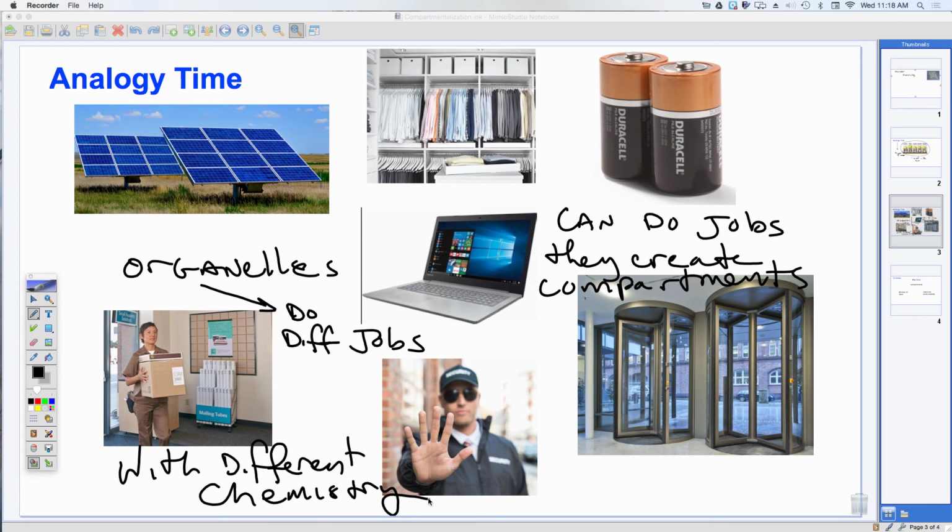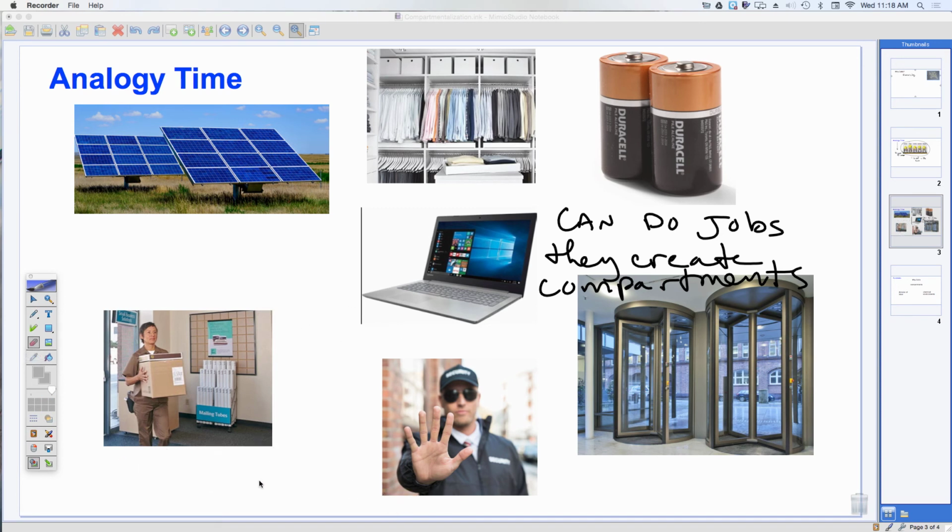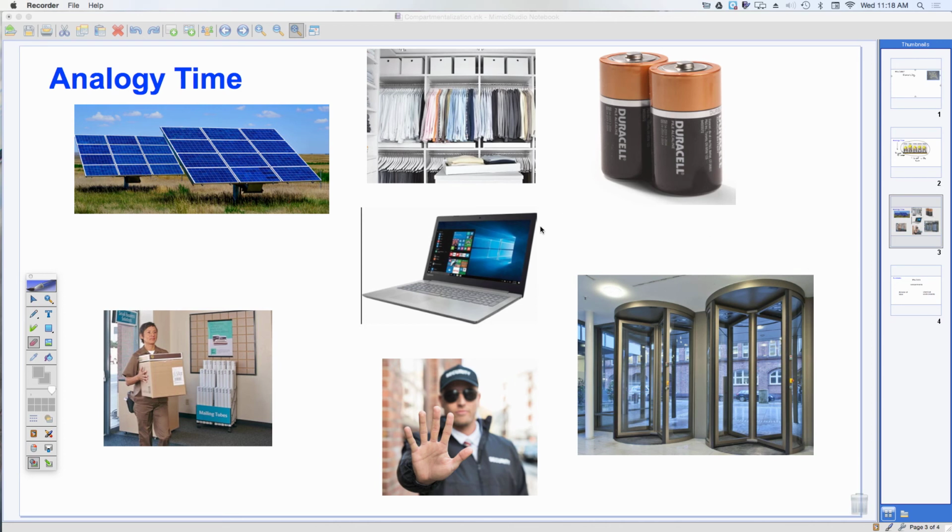So what I'd like you to do is take a moment and look at each of these pictures and ask yourself, what are the different jobs that each of these things do, and what are the things that cells do that might do each of these jobs? So say it again.